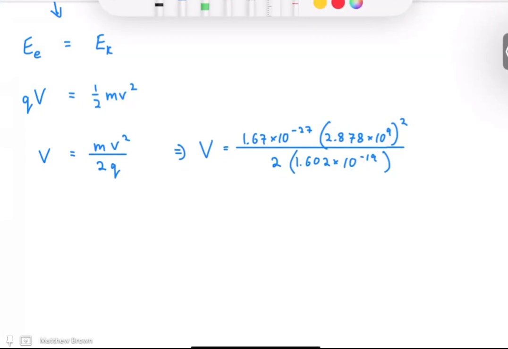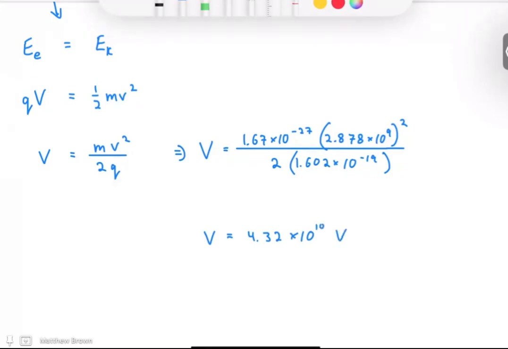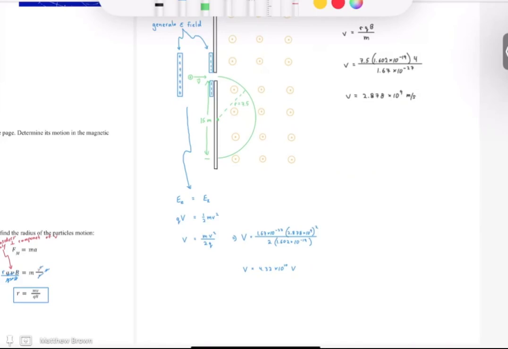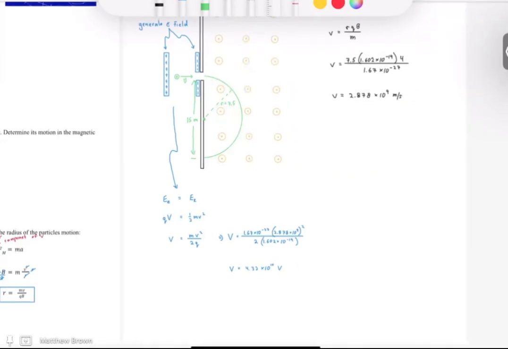And that means V is 4.32 times 10 to the 10 volts. I always love how it's V equals V, but you get that the potential difference equals 4.32 times 10 to the 10 volts. And that would be sufficient to make all this happen.